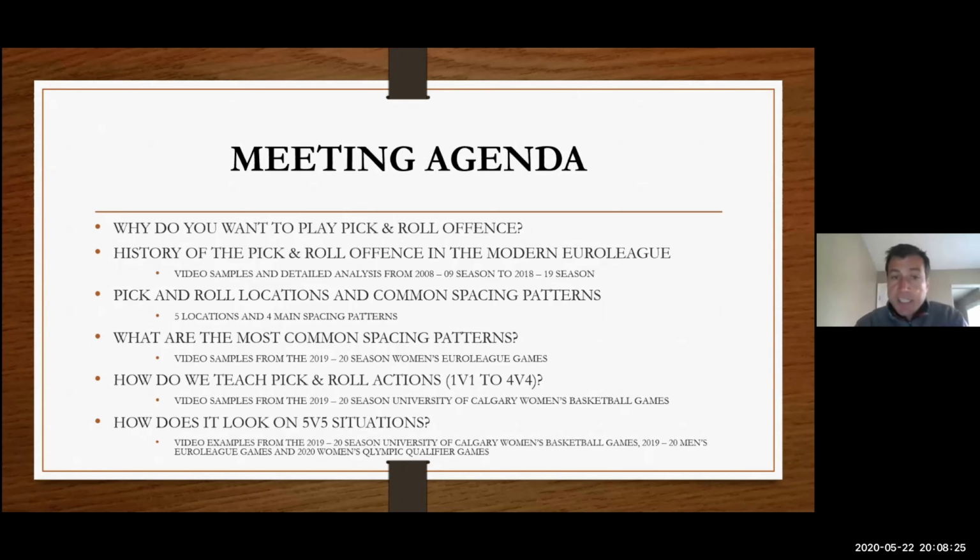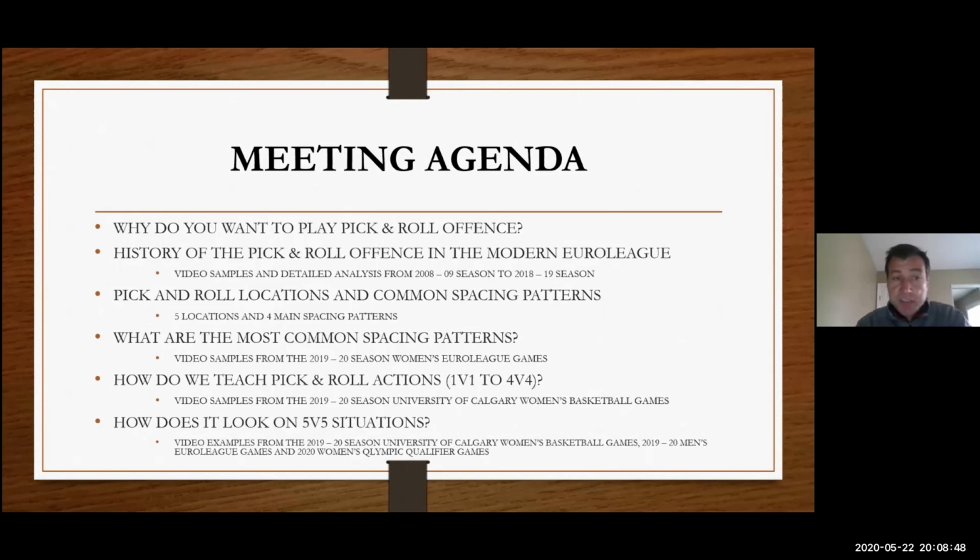I'm going to show you what coaches usually do with those spacing patterns, and then jump into the most common spacing patterns. I'm going to narrow it down into small sections, popularity-wise, and give you some video samples from this year's women's EuroLeague games.